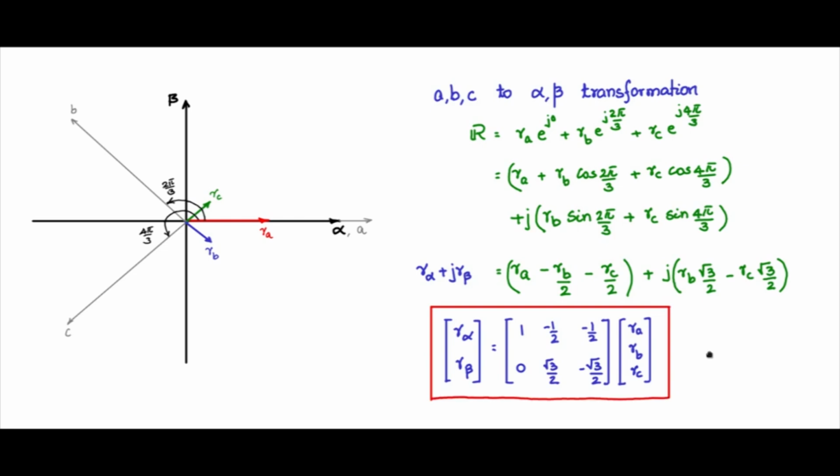So this is our transformation. So from this we see that we can get R alpha, R beta. So this is the vector R alpha beta, which is represented in the alpha beta coordinates, and the inputs are RA, RB, RC, and pass it through this transformation matrix, you will get R alpha, R beta in the alpha beta coordinate system. So this is ABC to alpha beta transformation.